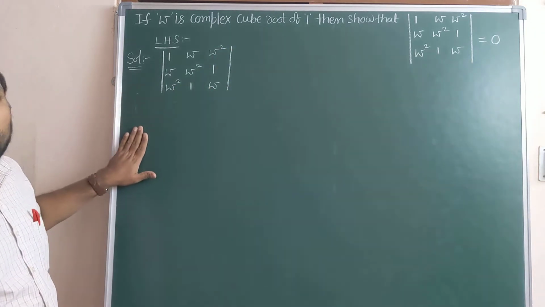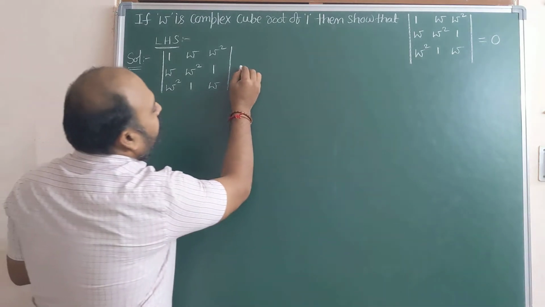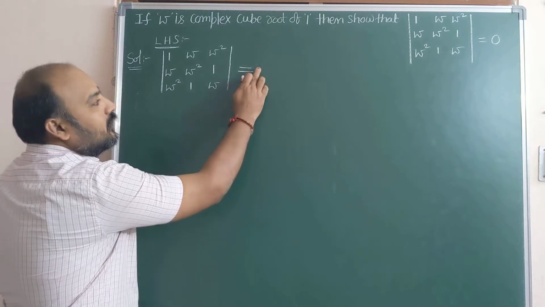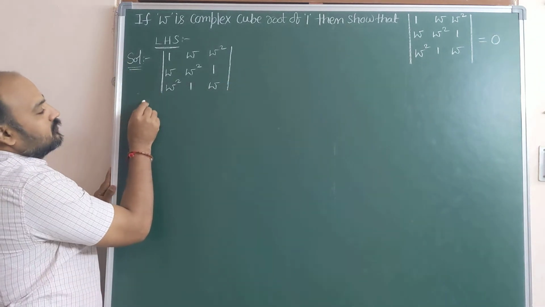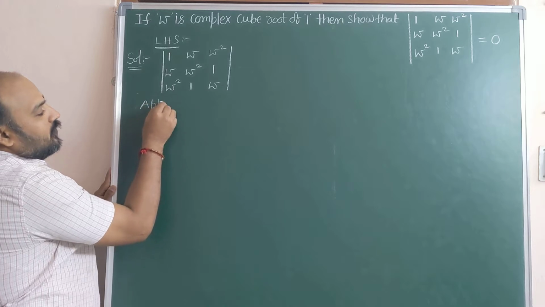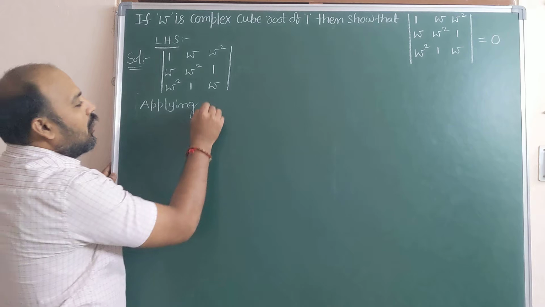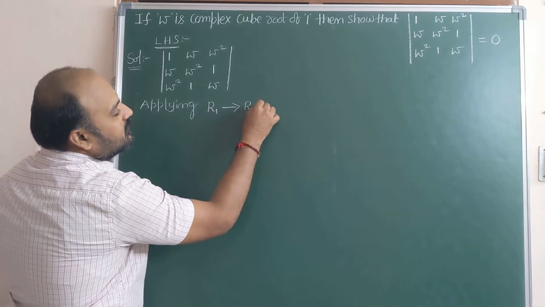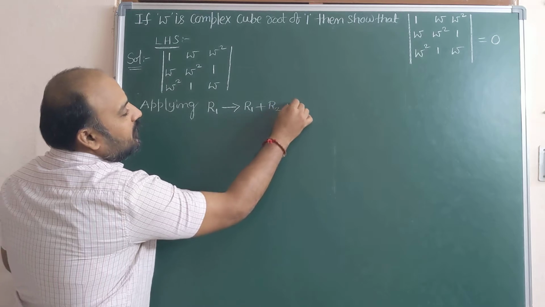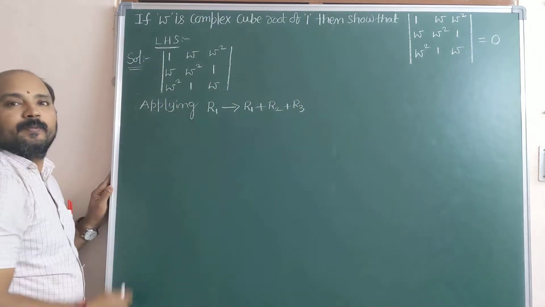Here I am going to apply the row operation. On applying the row operation, R1 tends to R1 plus R2 plus R3. So this is row 1, this is row 2, this is row 3.